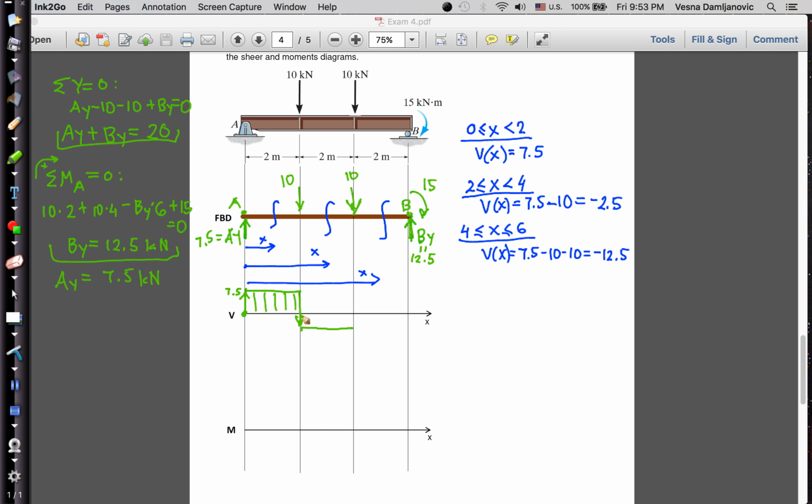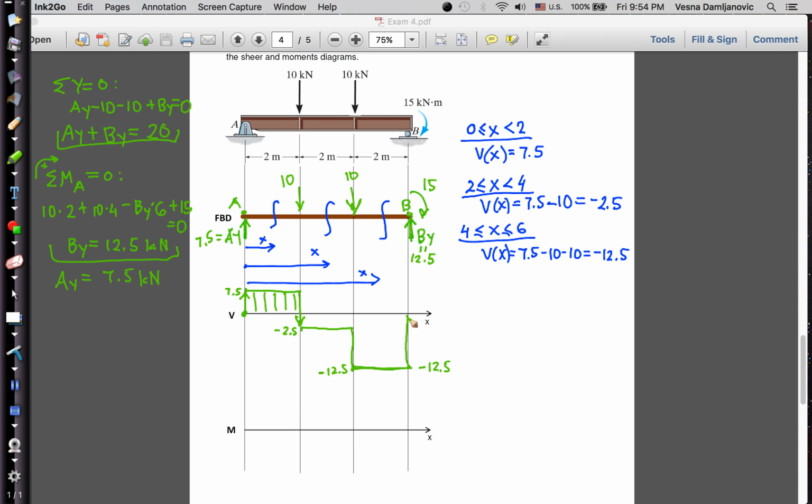So this is the graph. This is minus 2.5. And here is also minus 2.5. And then we go to section 4 to 6. The value is minus 12.5. So it goes even further down. And we know that this is minus 12.5.